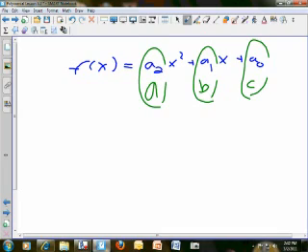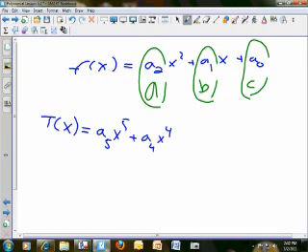So let's do a bigger one. Let's say I had a polynomial to the 5th power. We'll call this t of x. It would be a sub 5 x to the 5th plus a sub 4 x to the 4th plus a sub 3 x to the 3rd plus a sub 2 x squared plus a sub 1 x plus a sub 0.